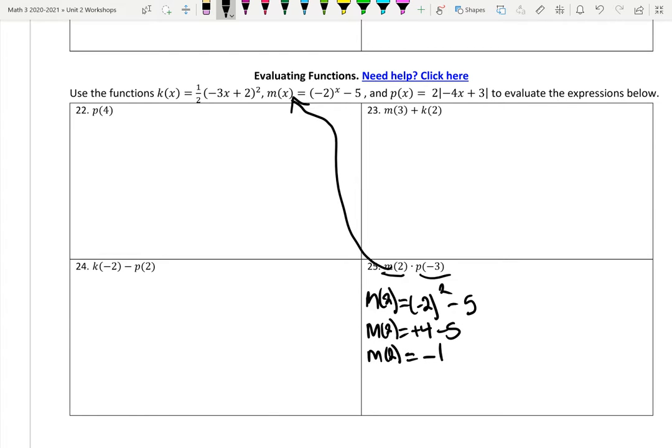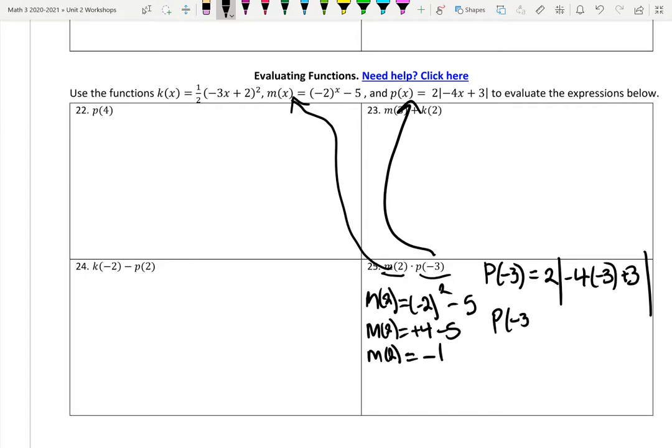I'm going to do the same thing here. P of negative 3, and plug it in here. P of negative 3 is going to be equal to 2 times the absolute value of negative 4 times negative 3 plus 3. Now I have to evaluate the inside first.